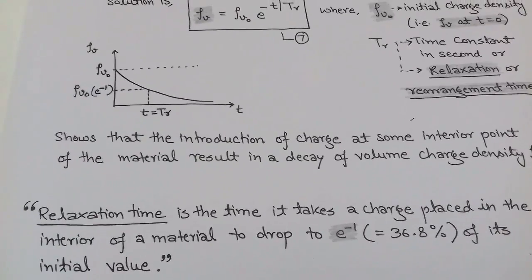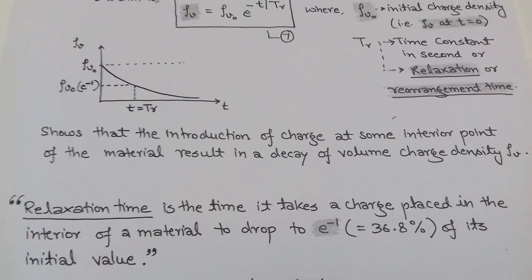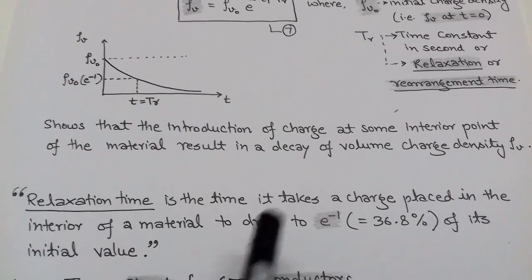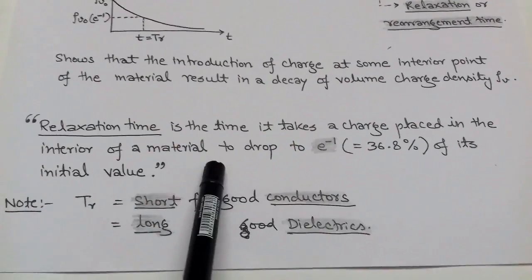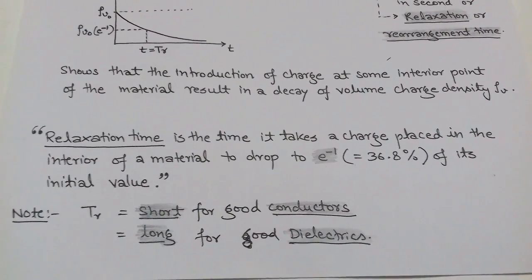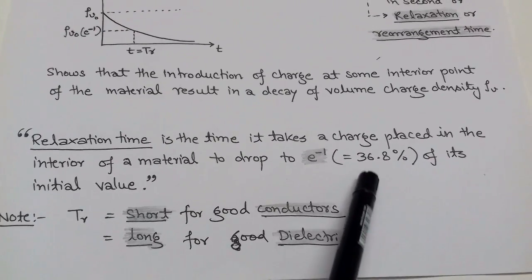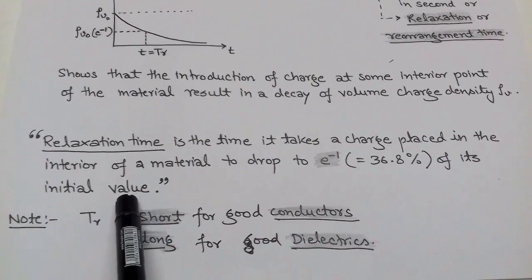So relaxation time is the time it takes for a charge placed in the interior of the material to drop to e to the power minus 1, which is 36.8% of its initial value.